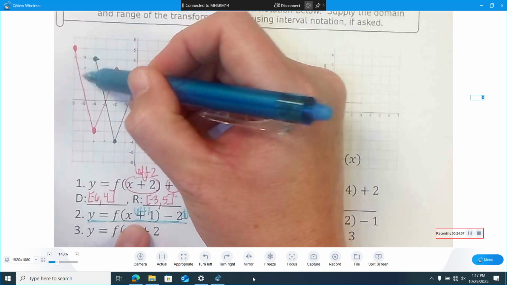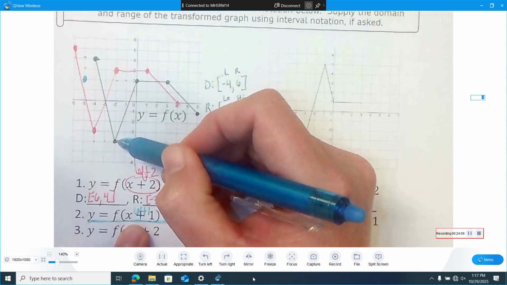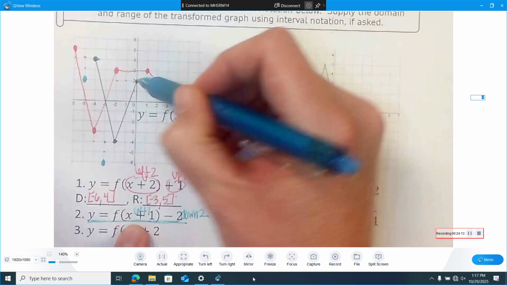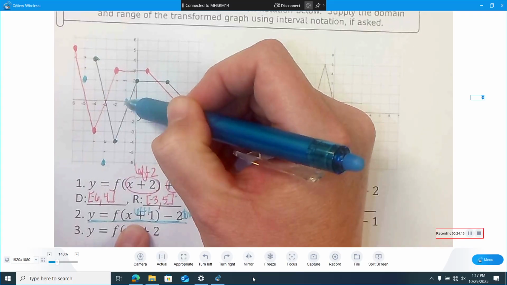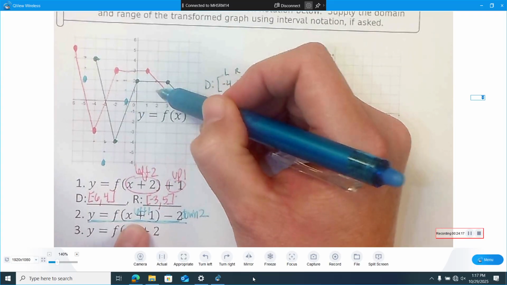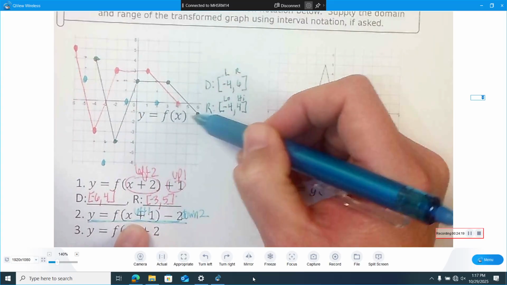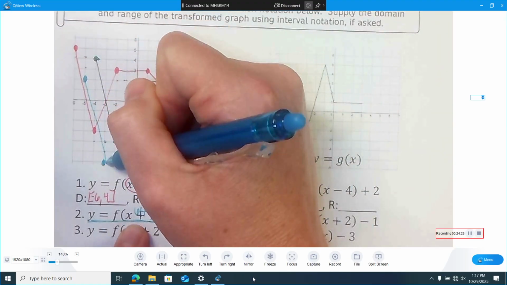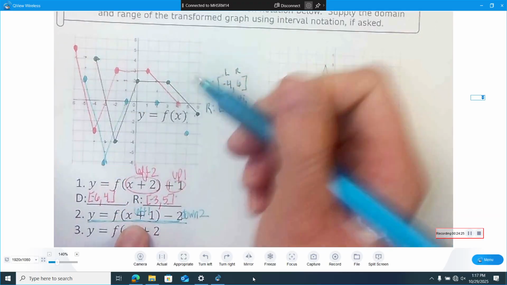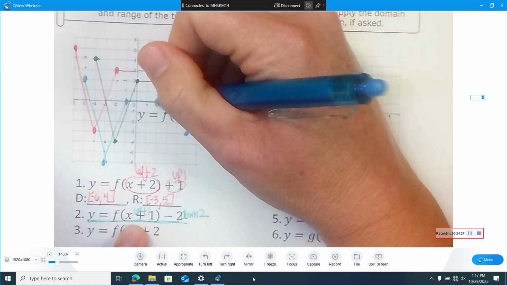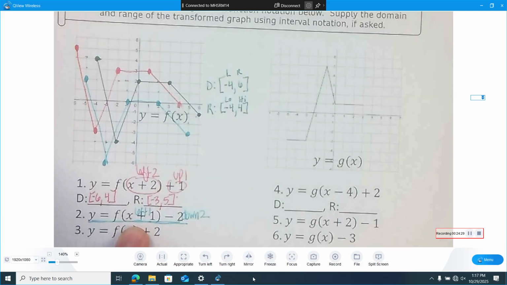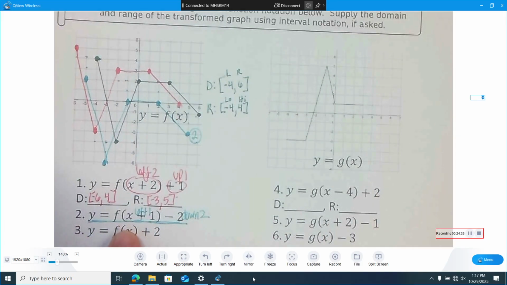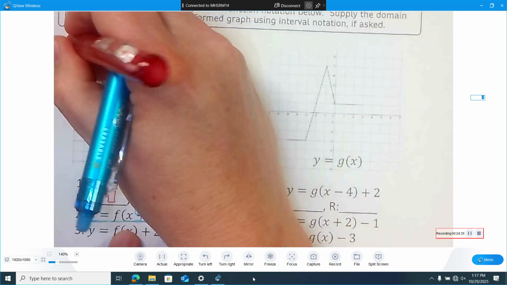Left 1, down 2 for each point. All right, and connect the dots. And there's number 2. Do you have to find the domain and range of that? Nope.